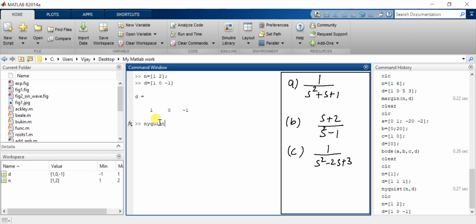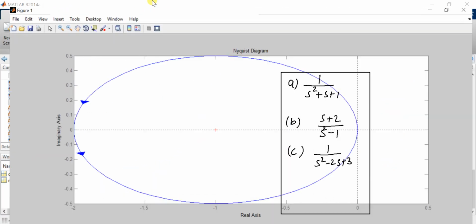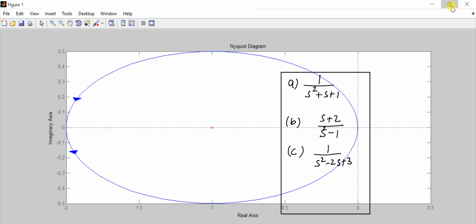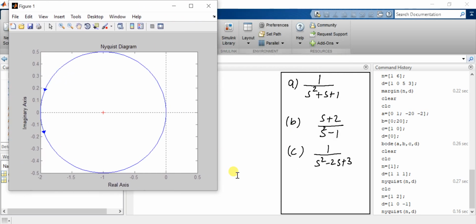Just write nyquist and pass these two matrices, and it will give you the Nyquist plot for this particular system. I hope this is clear to you.